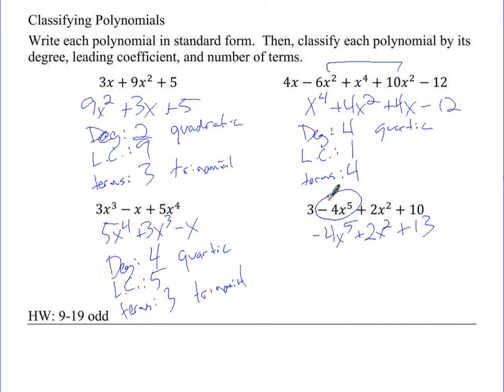Okay, degree. Five. Do I have a special word for that one or no? Quintic. And leading coefficient. It's negative 4. And the number of terms? There's 3 terms here, so it's a quintic trinomial.